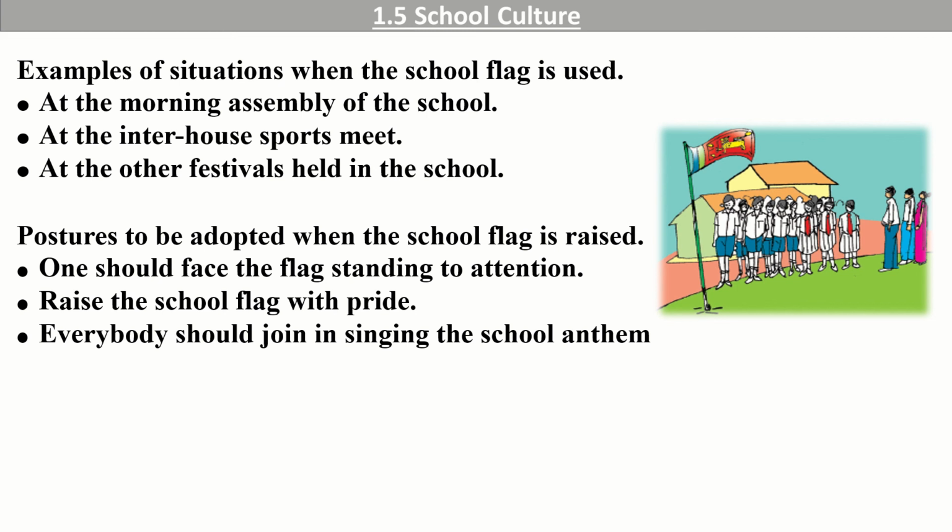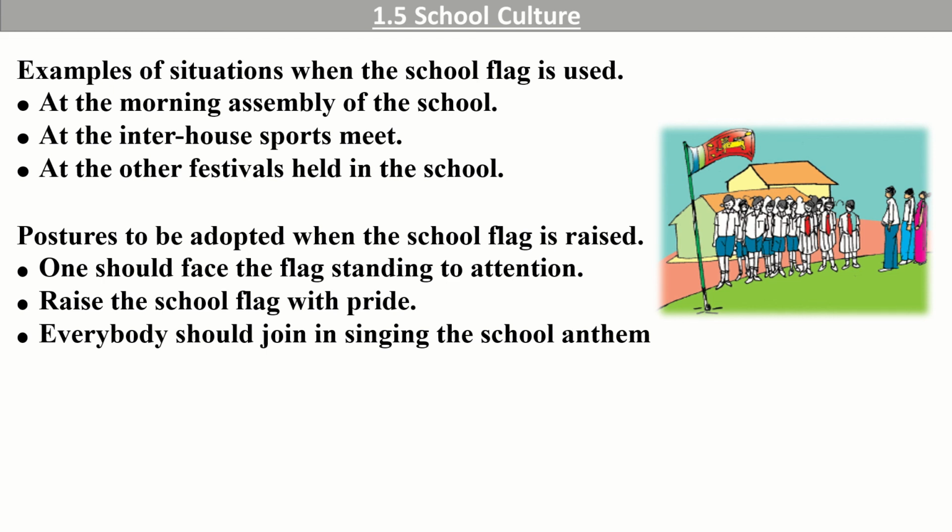When you have the opportunity to raise the school flag, you have to raise it with pride. I think in some schools, the children are given the opportunity to raise the school flag. So when you raise the school flag with pride, which is very important, you feel that you have to protect it.